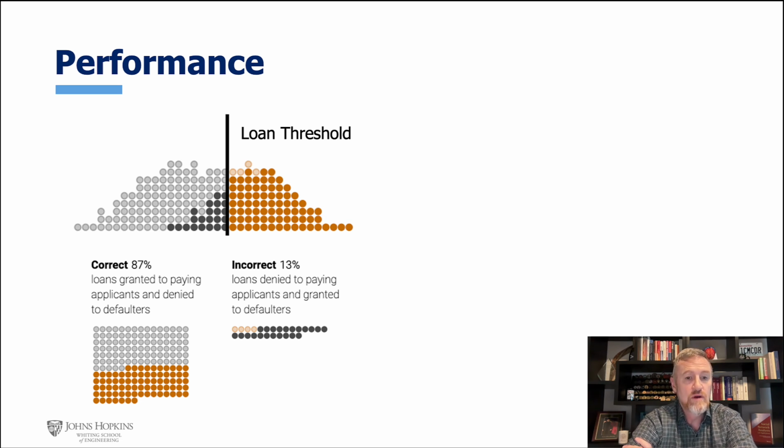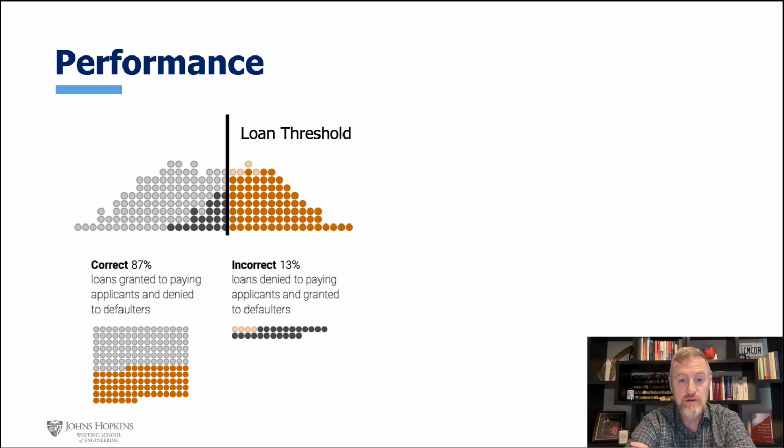And so we can assess the performance of where this threshold falls, or where this divider, this classifier of yes, no for loan award, goes. We can see that 87, 88% of the dots are correct, in that we didn't give loans to those that wouldn't pay it back, the light gray dots, and we did give loans to those that would pay it back.